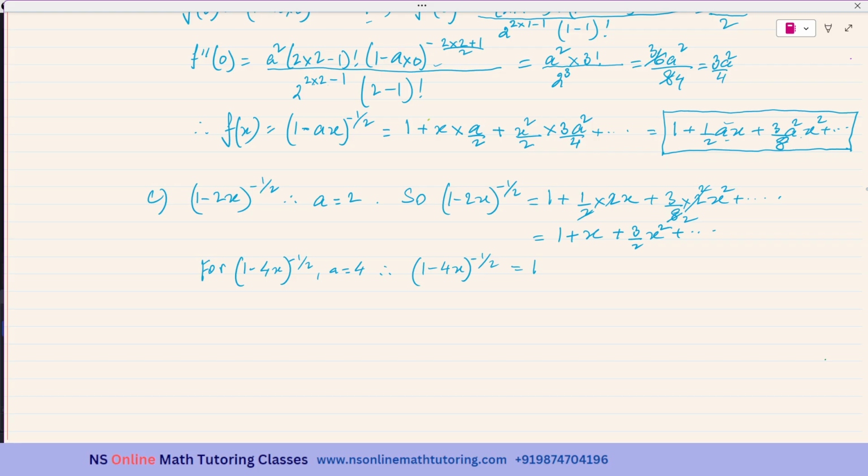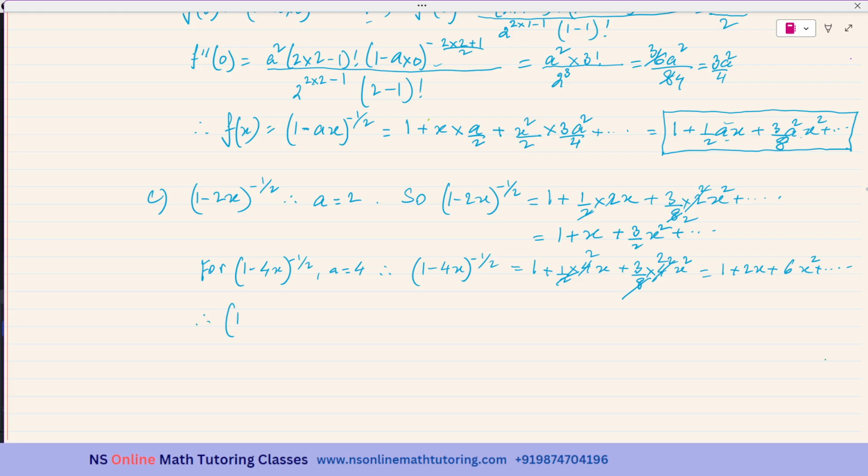So 1 plus half times 4x plus 3 over 8 times 4 square x square. So this is 2, and this 4 square is 16, so this is also 2. So this is 1 plus 2x plus 3 times 2 is 6, plus 6x square plus dot dot dot.